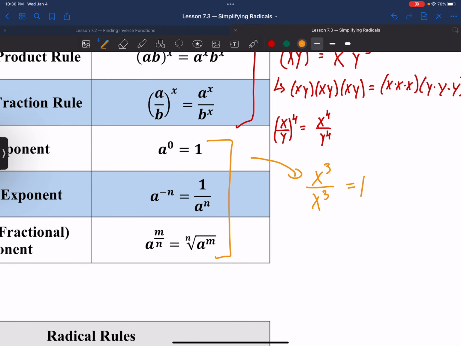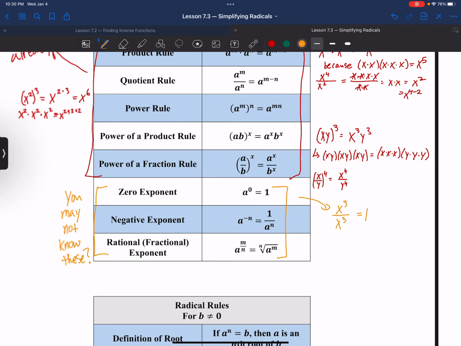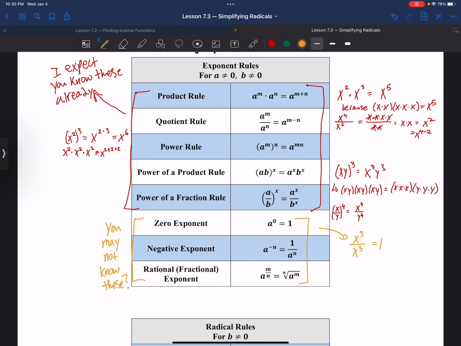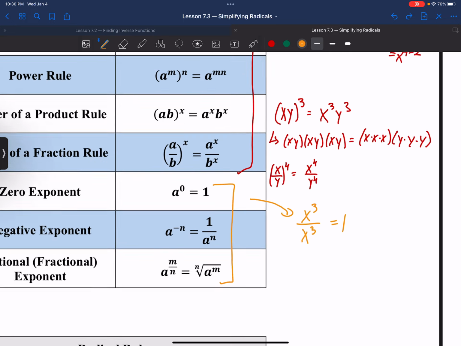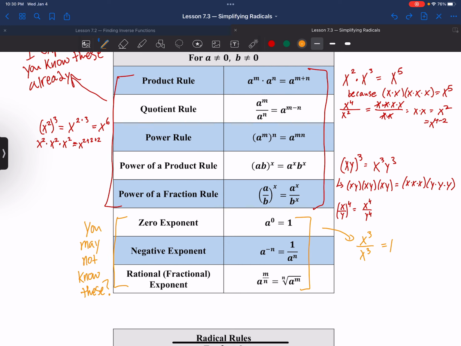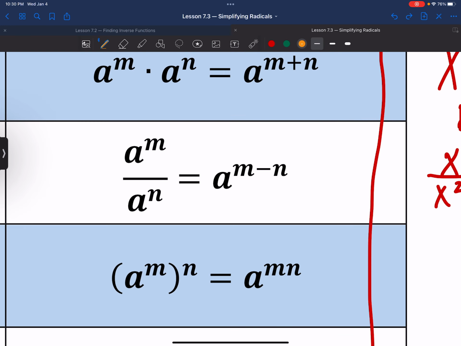But the other thing is, well, what did the quotient rule say? The quotient rule right here, I'm going to drag this. I don't want this document to get totally messy. But the quotient rule basically says when I divide these things, I subtract the exponents.